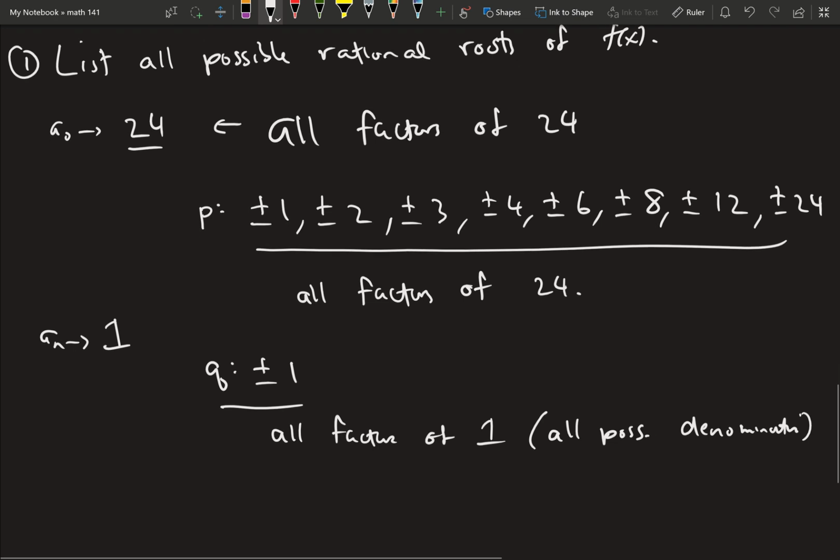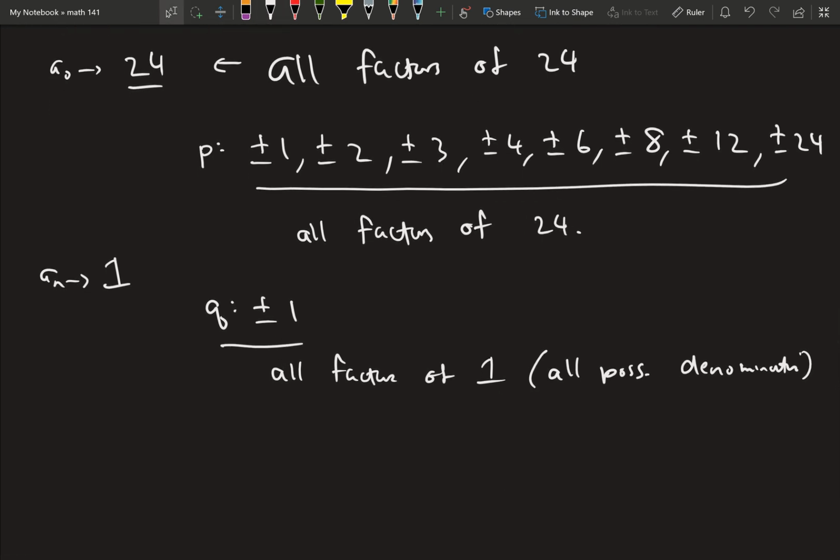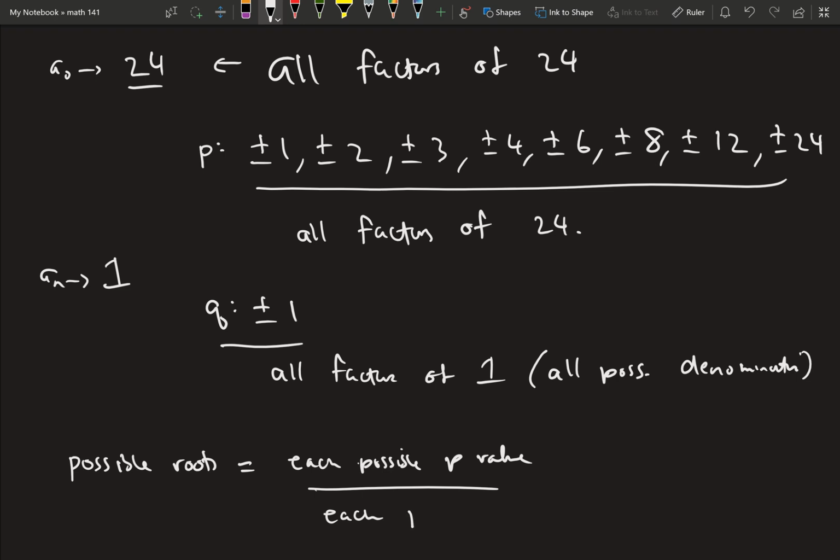Okay. Now what we're going to list is the possible roots. So the possible roots are each possible p-value divided by each possible q-value.